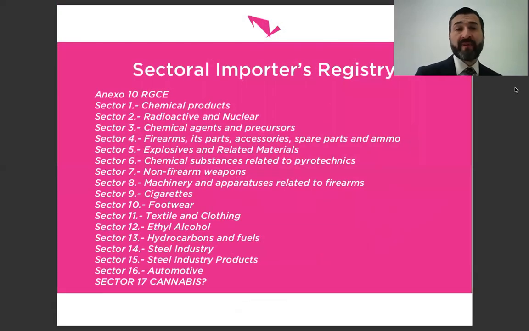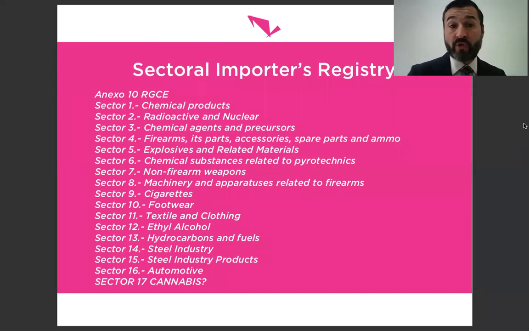Okay, also, the sectoral import registry. In addition to the general import registry that we just discussed at the beginning of this conversation, there is a specific sector that importers have to get authorization to enter.